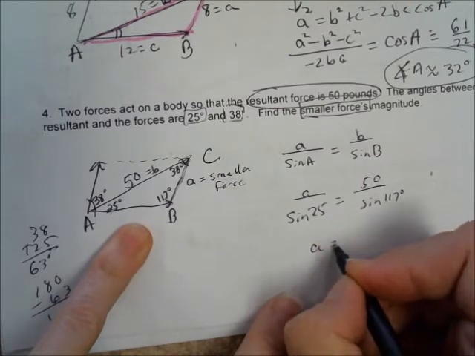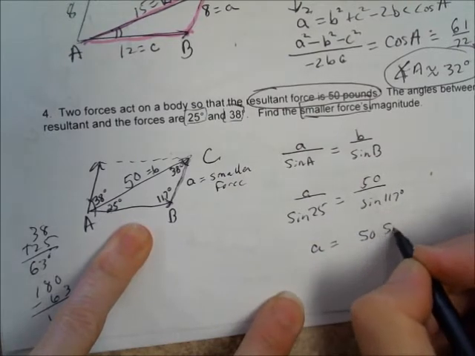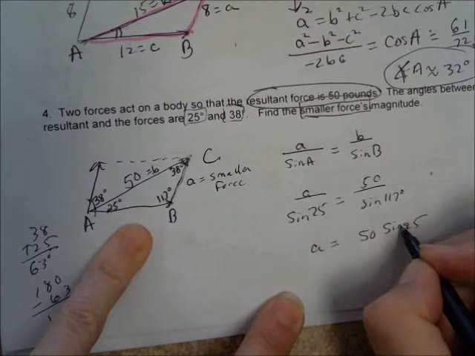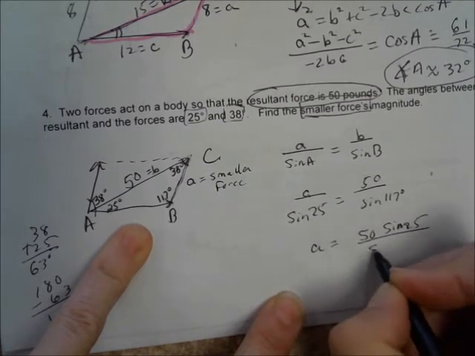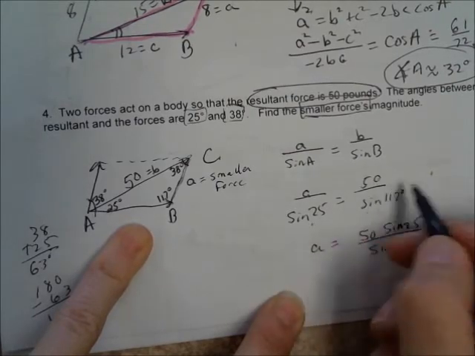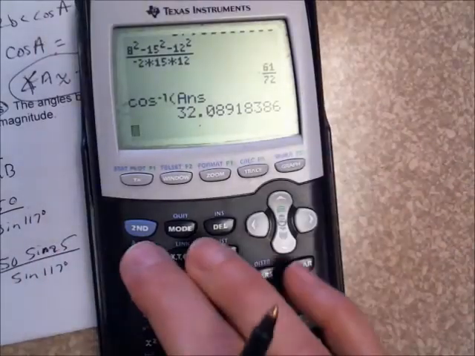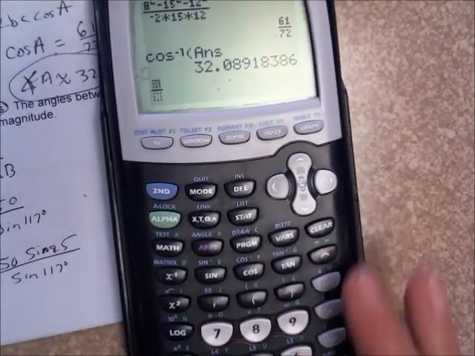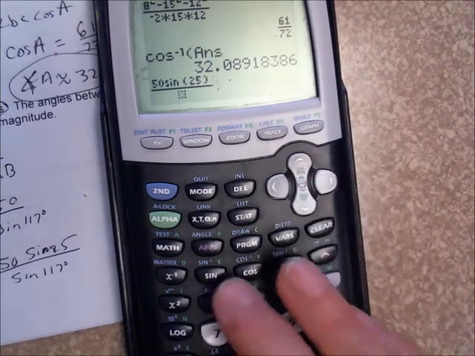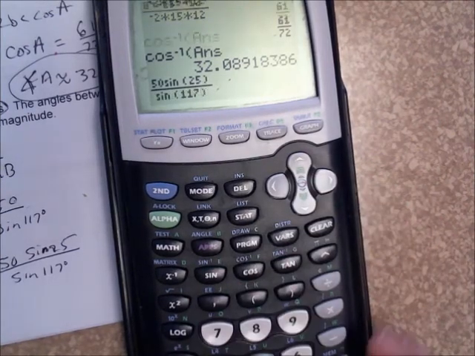So we just do A is equal to 50 times the sine of 25 degrees, all divided by the sine of 117 degrees, if you do the cross multiplying and dividing by that. So we'll just plug that into our calculator using our fraction bar. 50 sine of 25 divided by the sine of 117.